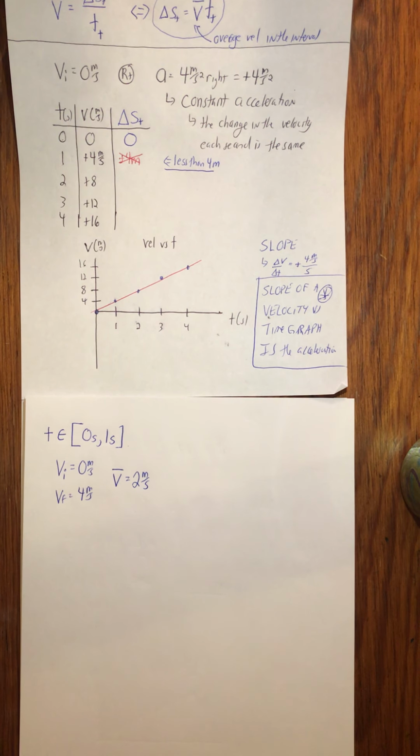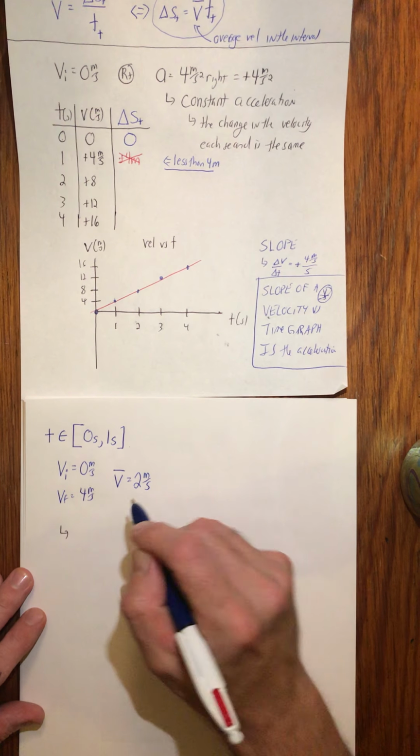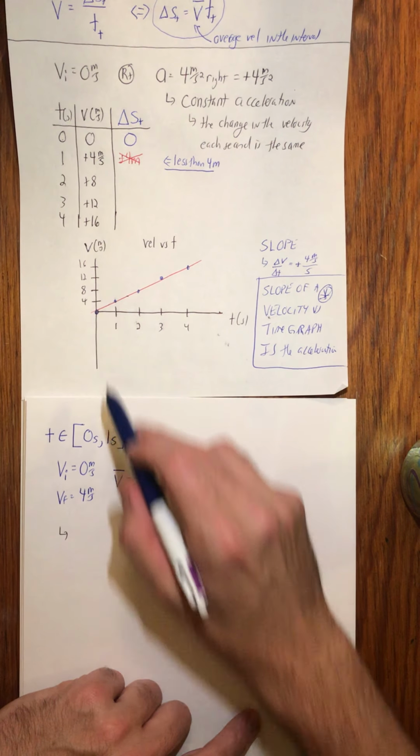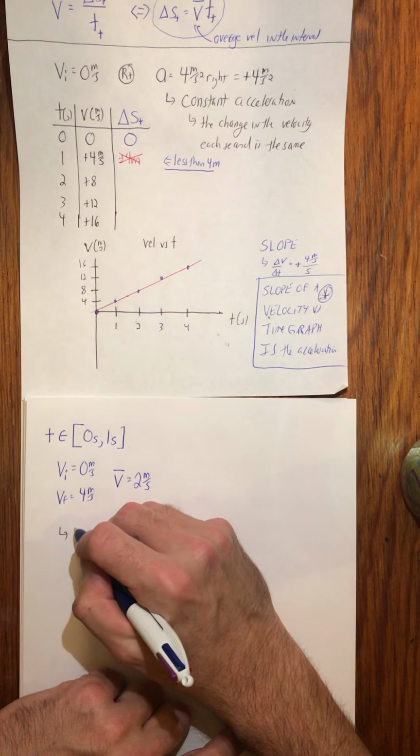2 meters per second. I think that the easiest thing to say is that 2 meters per second here is the median value in that interval, right? Oh yeah, it's just the median value in this interval.